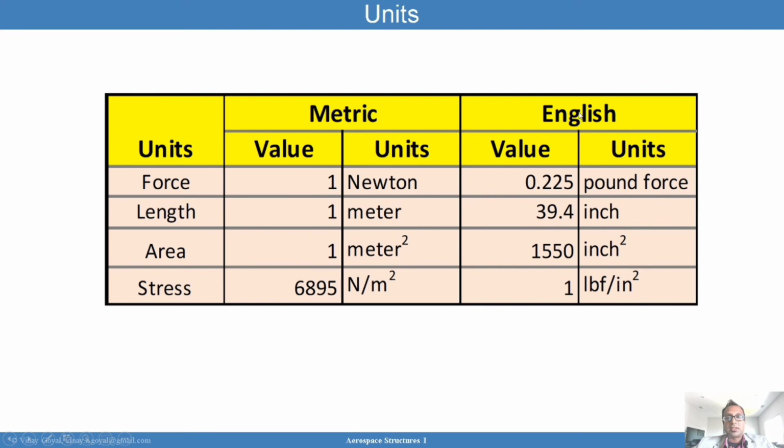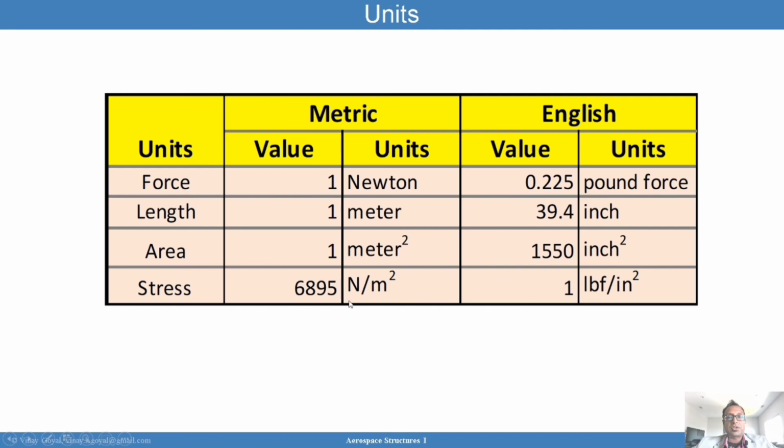Likewise, this quantity is equal to 39.4 inches in the English units. For the units of area, 1 meter squared is a fundamental quantity for area, and you can then find the corresponding quantity in the English units, and so forth.